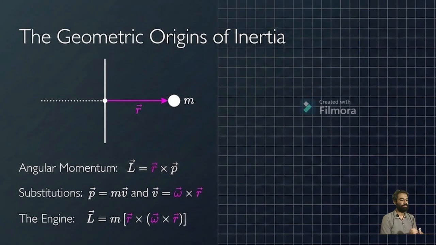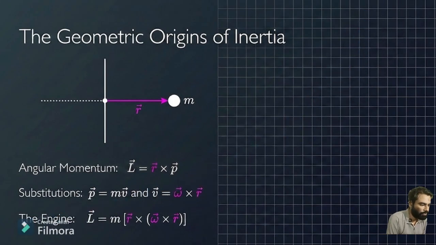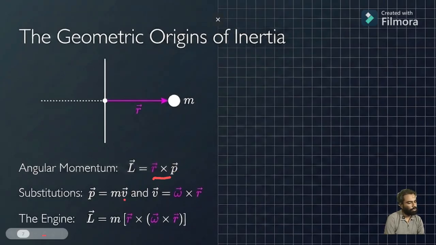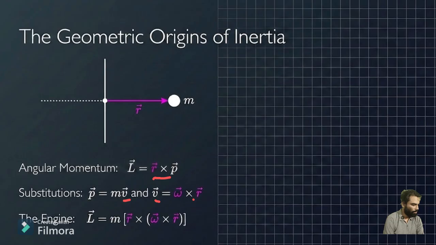Now another interesting concept of physics is angular momentum. How can you define angular momentum? Angular momentum is equal to the cross product of the radius with the momentum. The momentum is equal to mv, and the velocity is the tangential velocity. The tangential velocity can be defined as the angular velocity cross the radial vector.